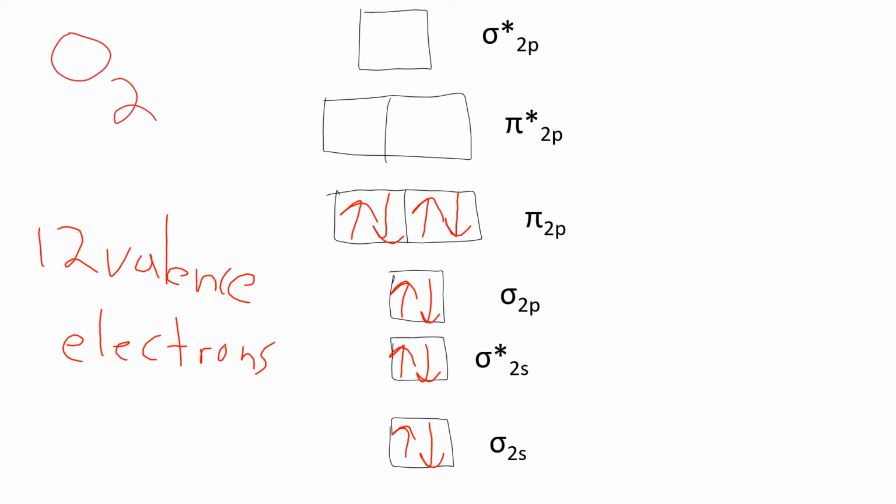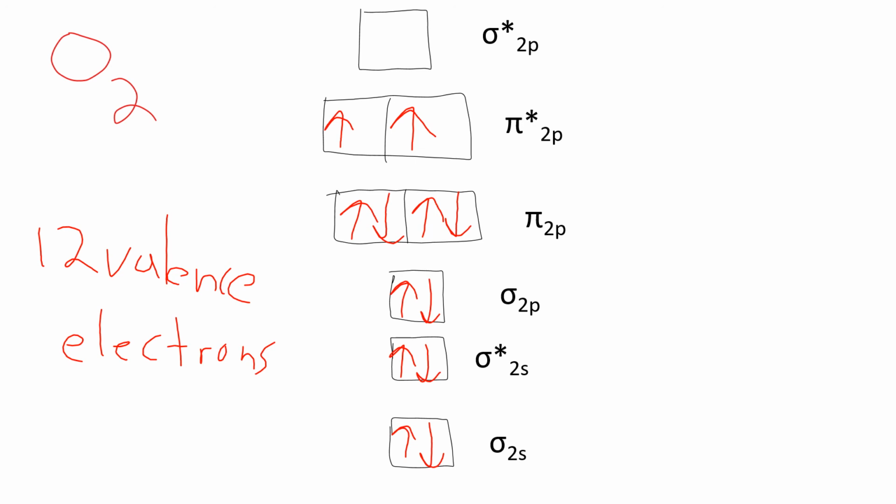These 2 orbitals are of the same energy. That's why they're on the same kind of vertical line. We don't pair electrons until we have to, so we would separate those electrons and align those spins. So here's what our molecular orbital diagram would look like for O2.